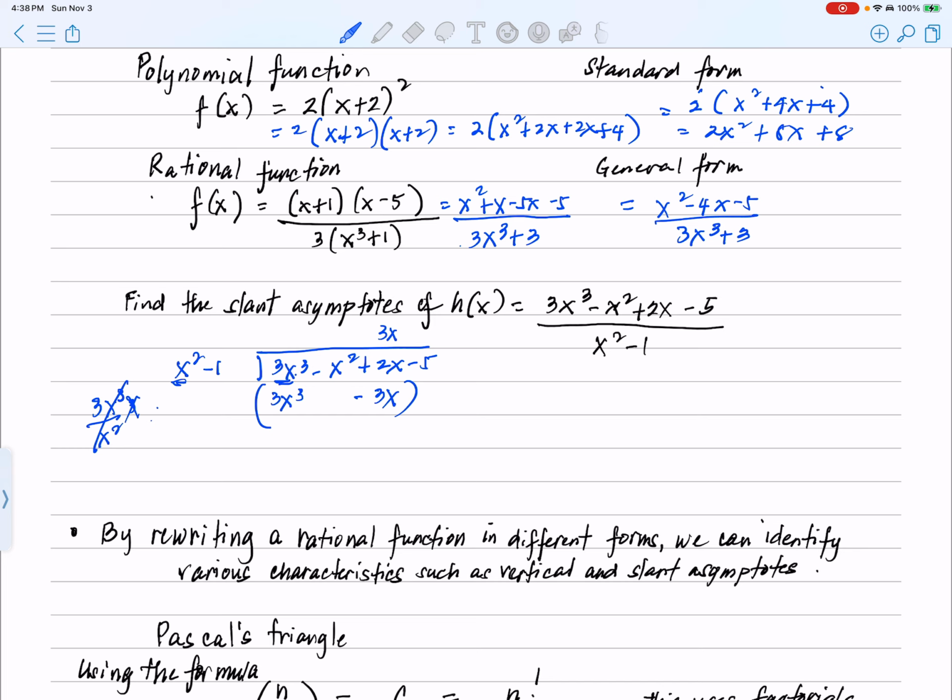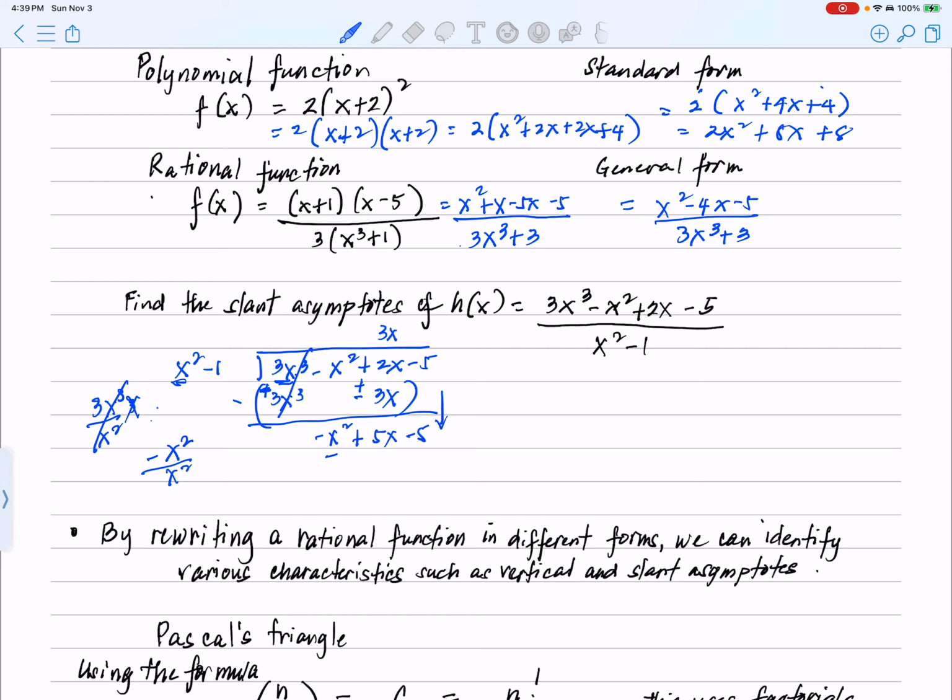When we subtract, change the sign. This will be minus and this will be plus. So we can cancel out, bring down negative x squared. 2x plus 3x, that's 5x. And then bring down negative 5. So we divide again negative x squared by x squared.